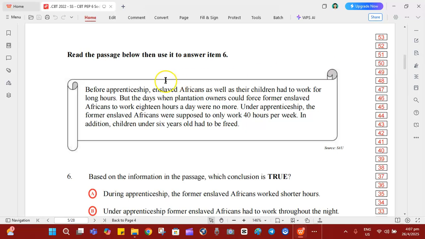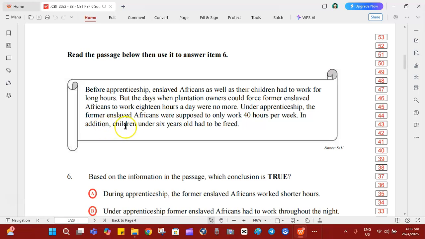All right, before apprenticeship, enslaved Africans as well as their children had to work for long hours. But the days when plantation owners could force former enslaved Africans to work 18 hours a day were no more. Under apprenticeship, the former enslaved Africans were supposed to only work 40 hours per week.